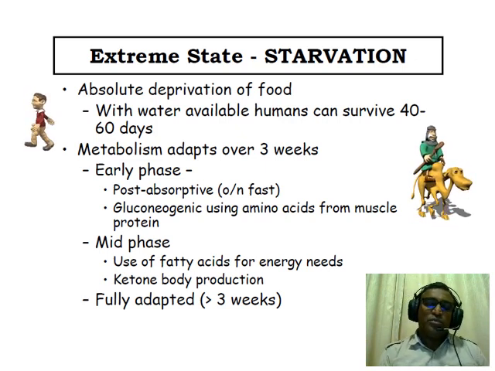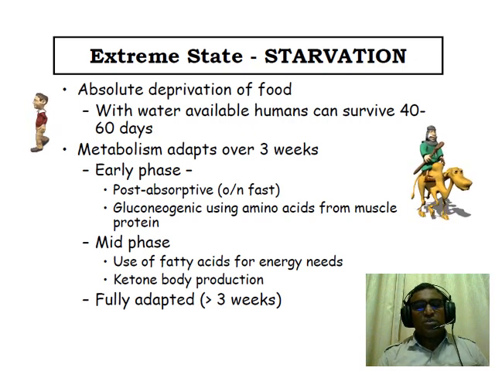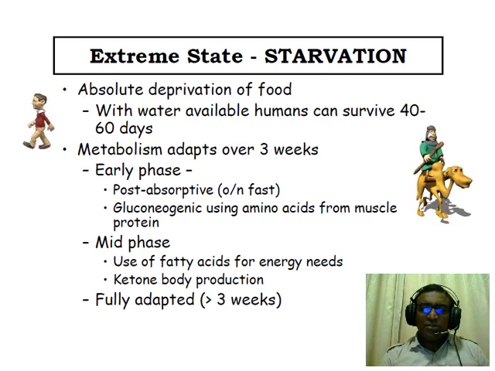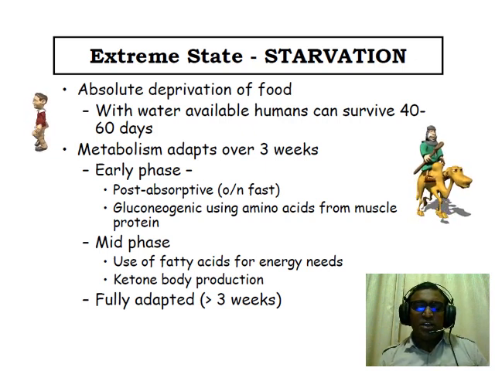So from protein we can get glucose, and glucose can be oxidized. Then in the mid phase, the body also starts to use fatty acid. So much fatty acid beta oxidation takes place that a lot of acetyl coenzyme A will accumulate, the citric acid cycle cannot use it so much, and therefore it is shunted towards ketogenesis.